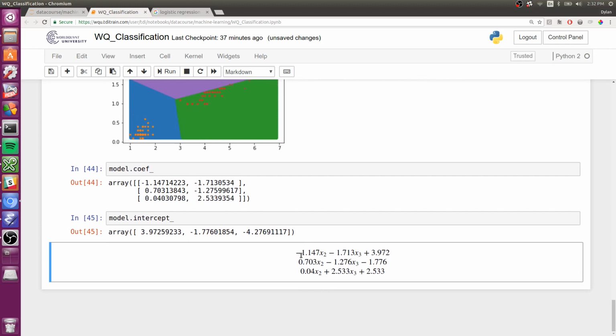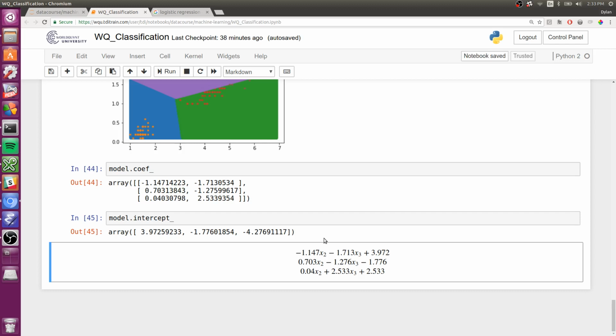These 3 different linear equations essentially make a prediction for each point given its x2 and x3 values. So it predicts 3 different values which are proxies for the probability of belonging to one of the 3 classes.